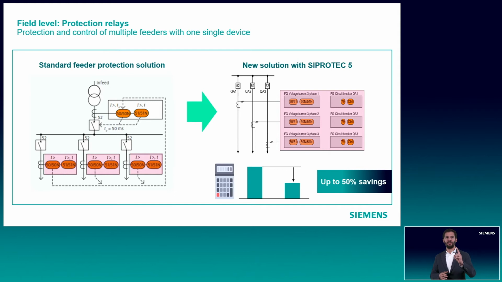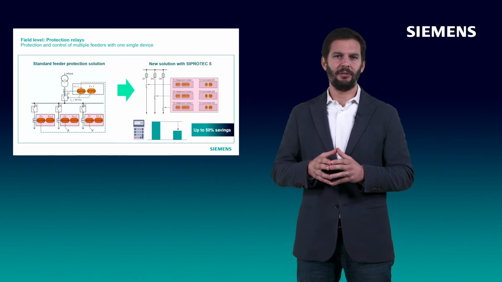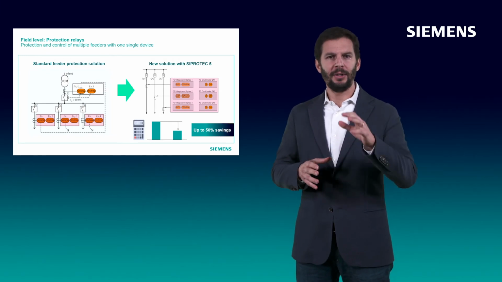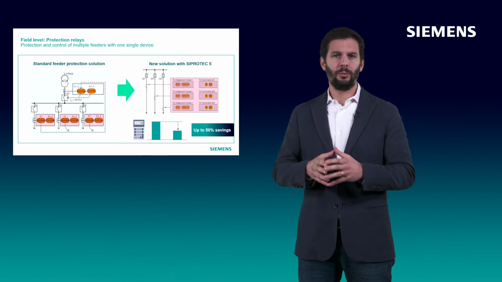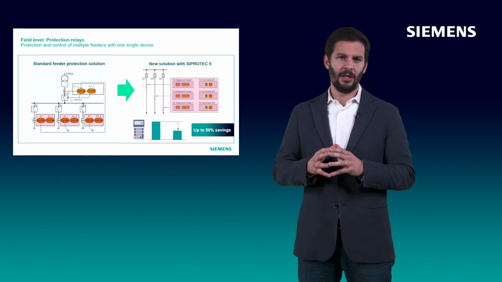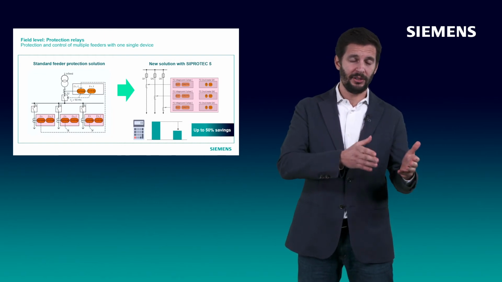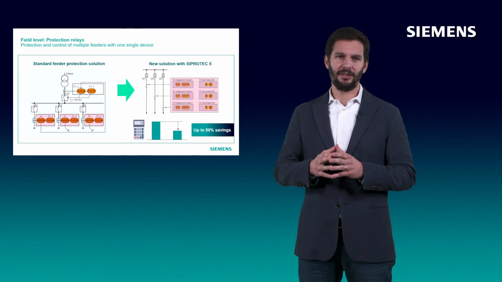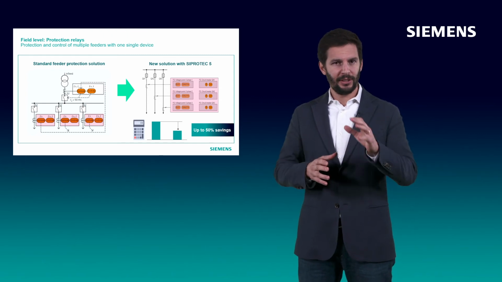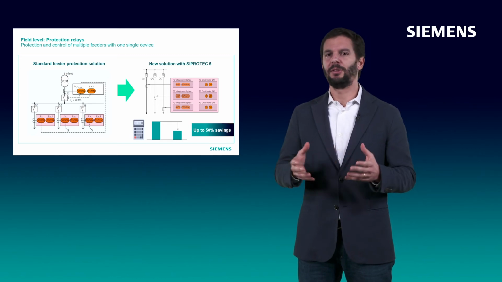Now, with one single device, we can protect up to 9 feeders at a time. Imagine for a second the situation of having 5 feeders to protect, and redundant protection is also required. In a normal case, you would be considering 10 devices. With this new feature, instead of having 10 devices that have also to be engineered and tested, you need only 2 protection relays to secure the 5 feeders in a redundant way, generating therefore significant savings in terms of the number of devices required.